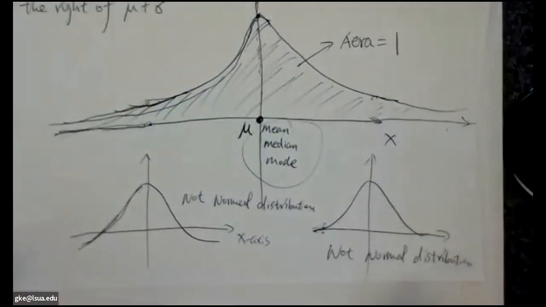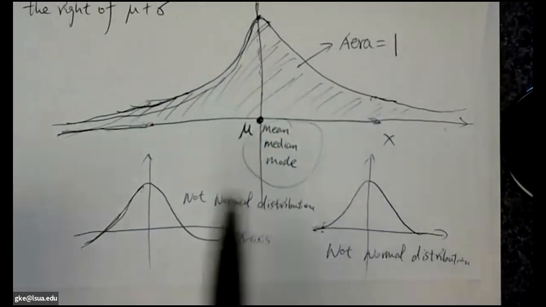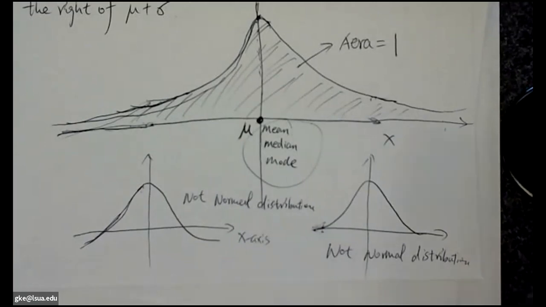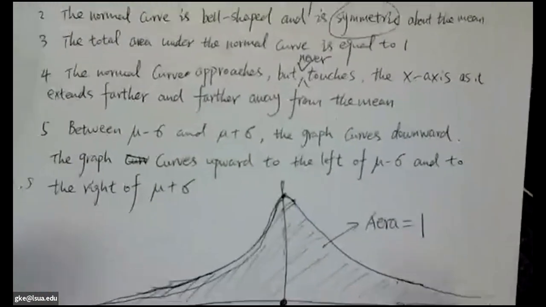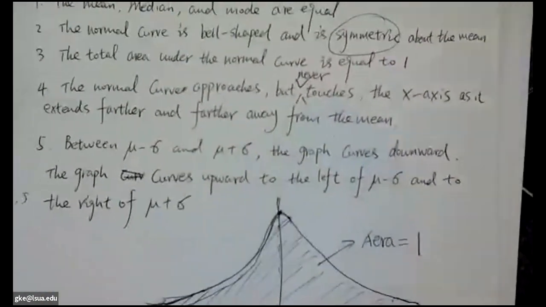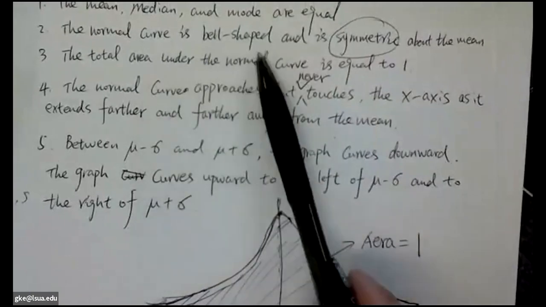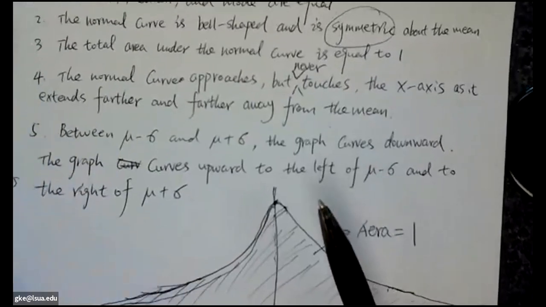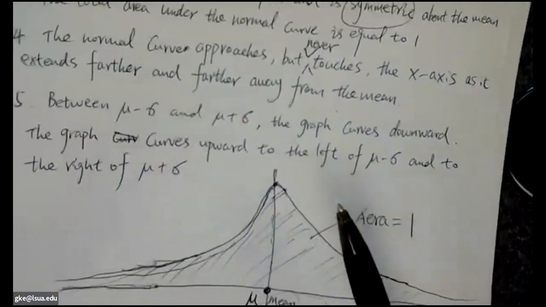And of course, if I give you a curve that is not symmetric, that is not a normal distribution. It's not bell-shaped, because we have a bunch of properties here, right? It should be symmetric. If it's not symmetric, then of course it's not a normal distribution.